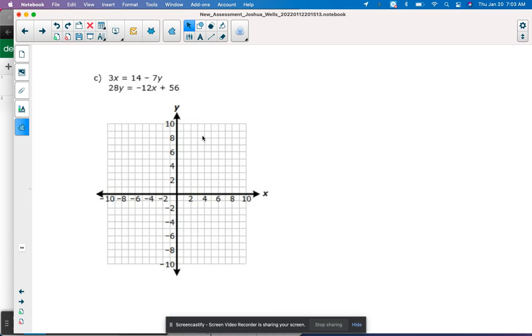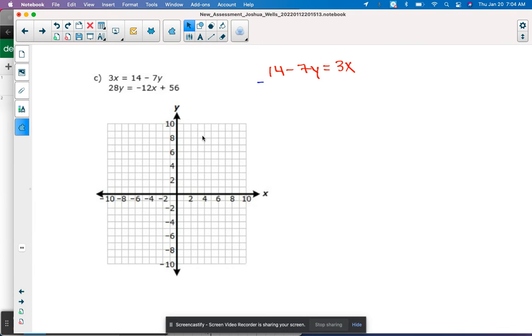I don't like where the y is at, so I'm just going to flip this equation. I'm going to write it as 14 minus 7y equals 3x. And now it's a little bit more comfortable to look at.